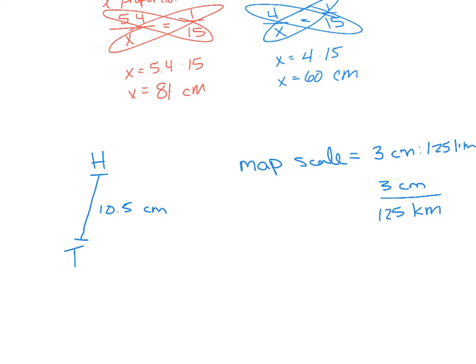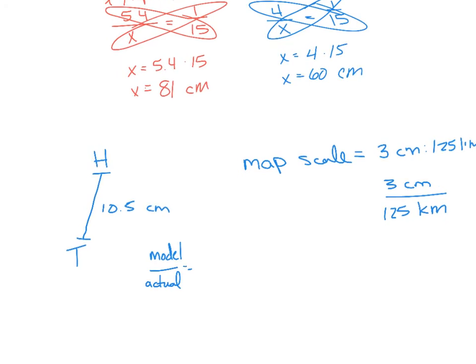Okay? So, what we're going to do is we're going to look at the model over the actual. So in this case, it would be the map over the actual state. Okay?